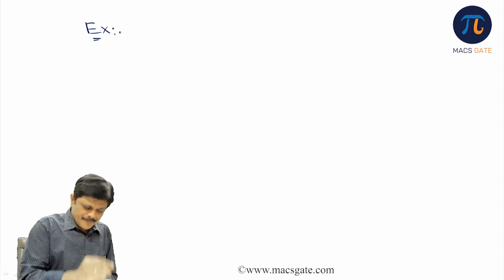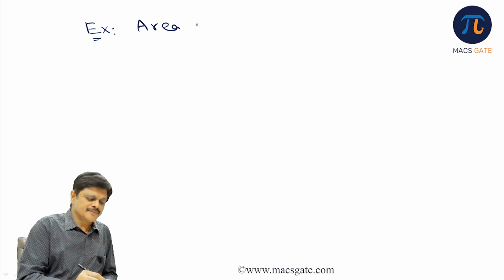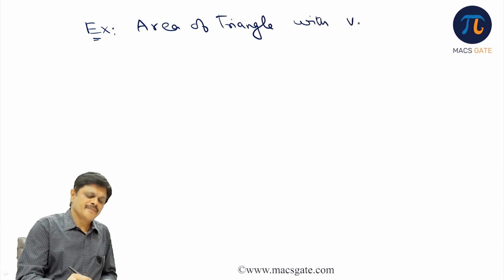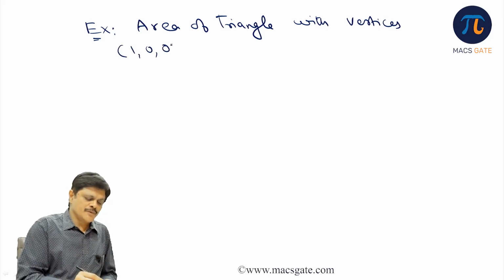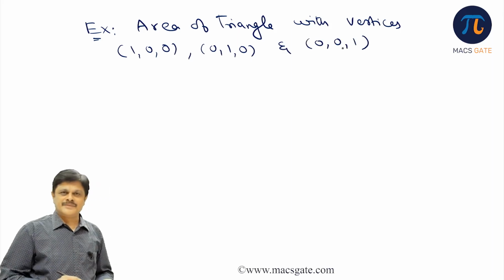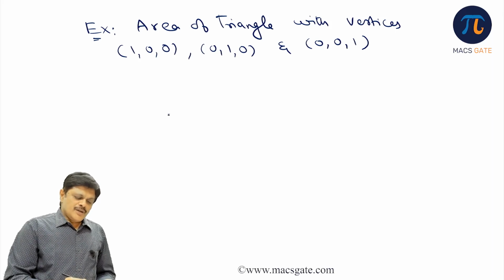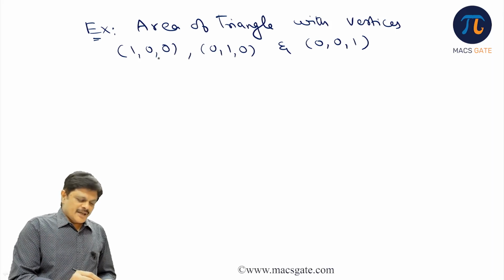Suppose I want to find the area of the triangle with vertices (1, 0, 0), (0, 1, 0) and (0, 0, 1). So how can you find this particular area, my dear friends?